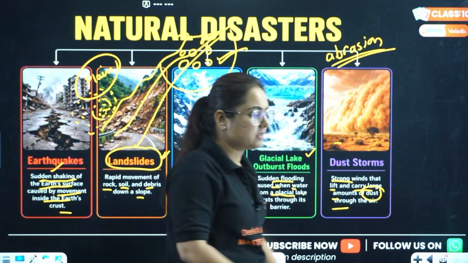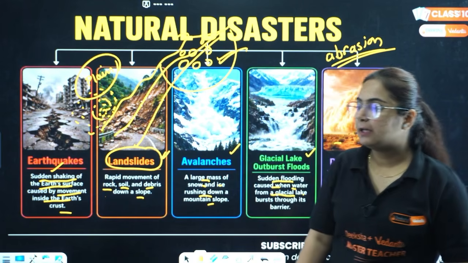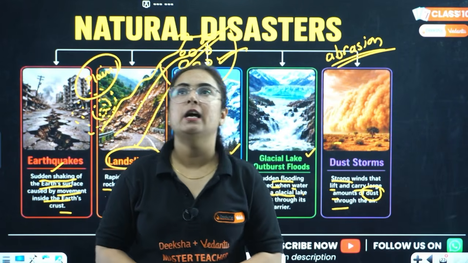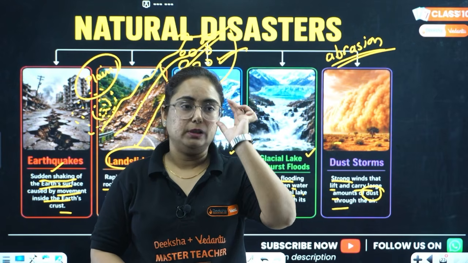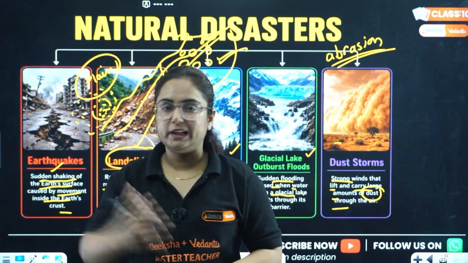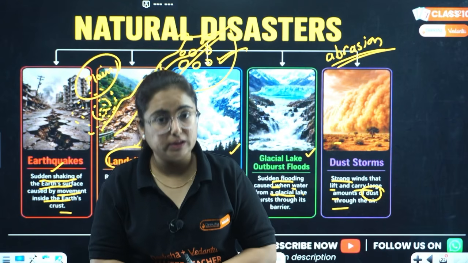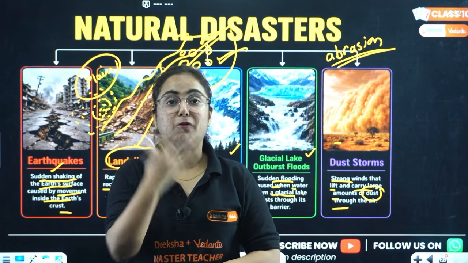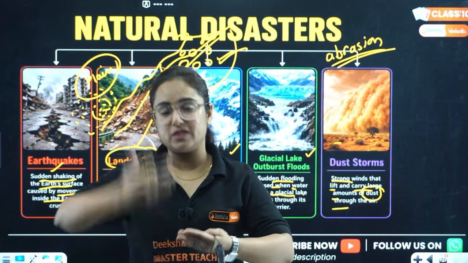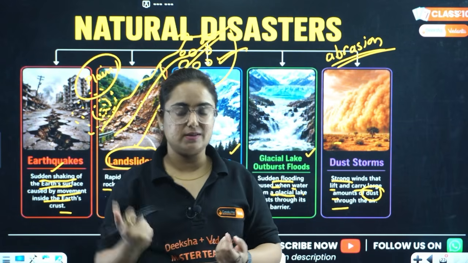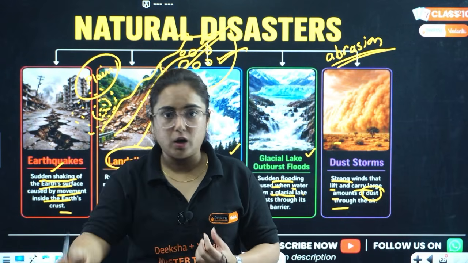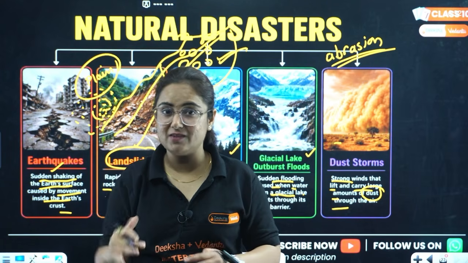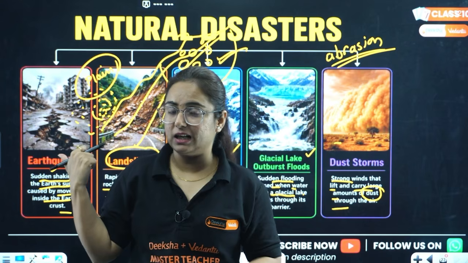Now natural disasters are caused, but we have certain organizations for these natural disasters. Whenever natural disasters happen, there is a body that protects. What actions do they take? Basically, with the help of the meteorological department, they first analyze whether any disaster is going to occur. If we talk about earthquakes, with the help of seismic waves, we first get the information that an earthquake is going to happen.